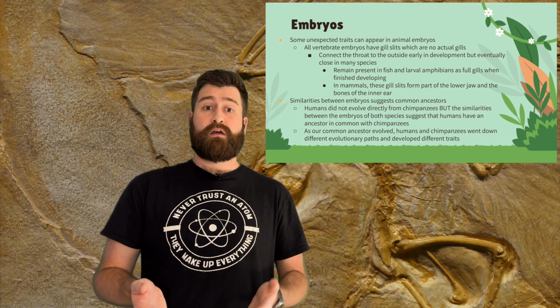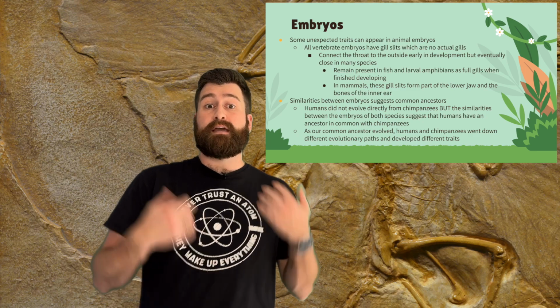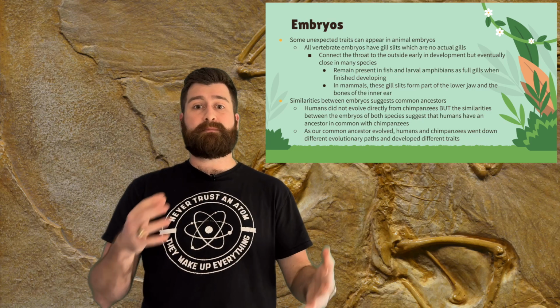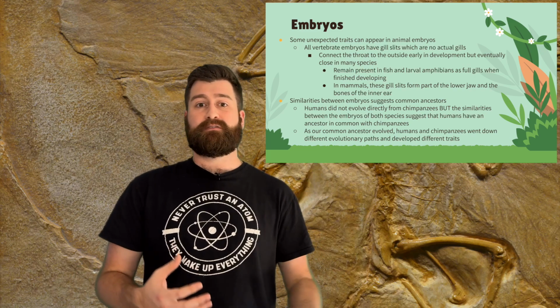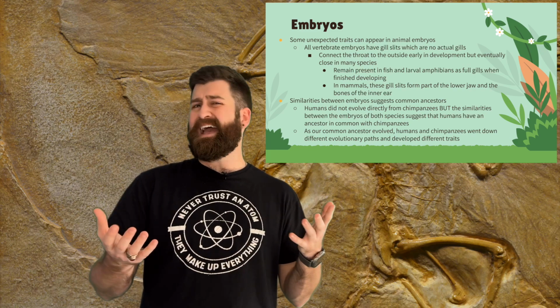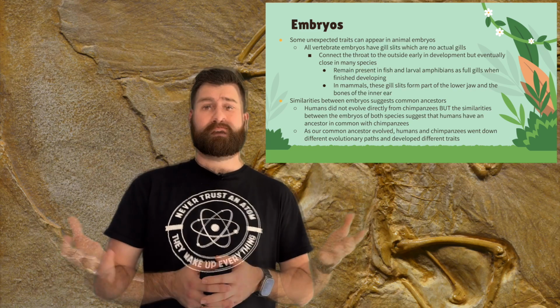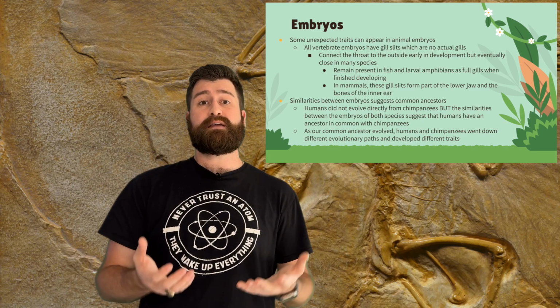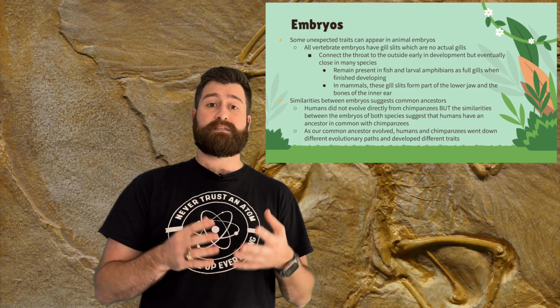For example, all vertebrate embryos, like us, have gill slits which are not actual gills and do not typically last past embryological development. But if they don't last, then what is the purpose of them? Specifically with gills, they connect the throat to the outside early in development, but eventually close in many species.